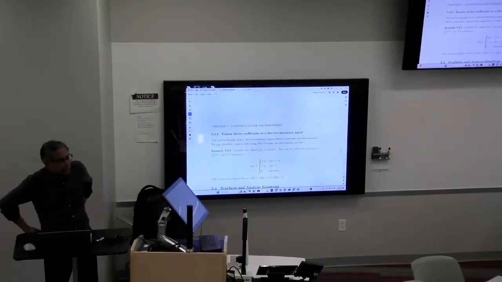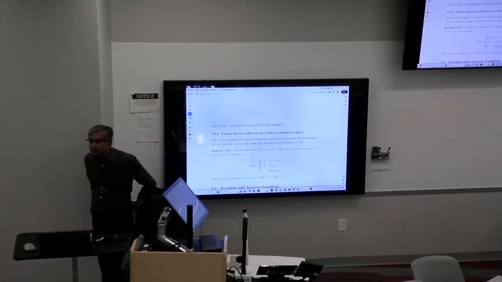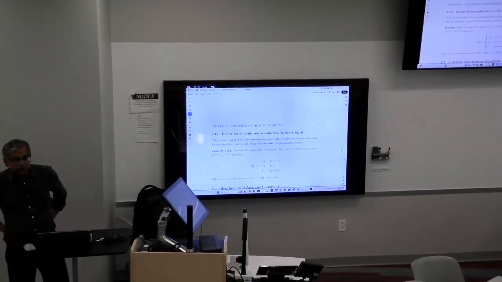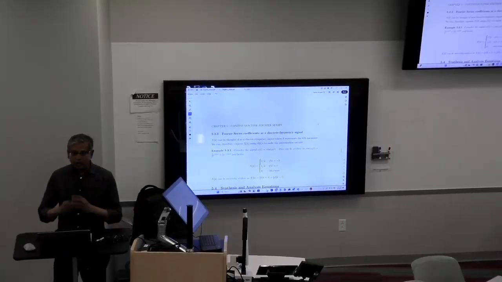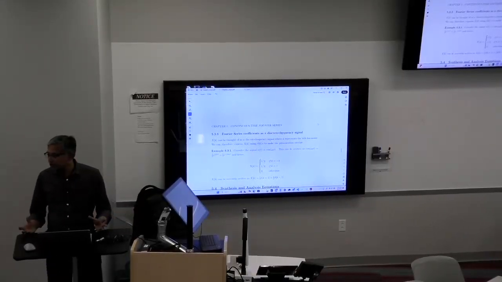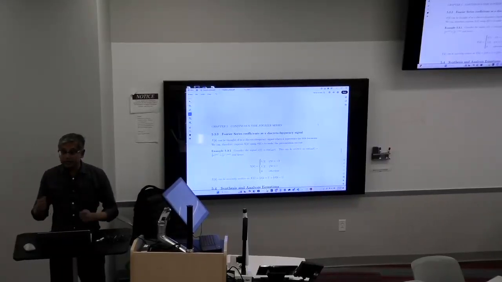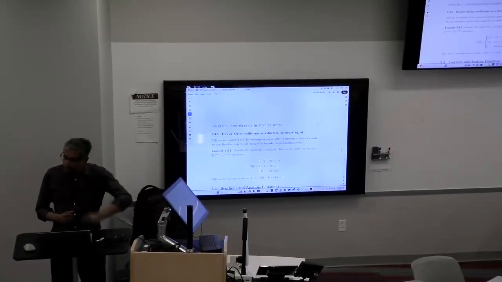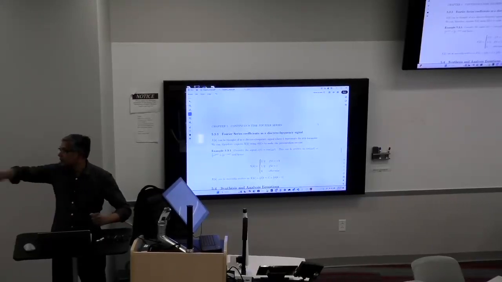Let's look at the signal x of t is cosine omega naught t. So clearly I can write cosine omega naught t as 1/2 e to the j omega naught t plus 1/2 e to the negative j omega naught t. Now I already have my x of t written in terms of complex exponentials, right? If I'm looking for a Fourier series representation, what this means is I want to be able to write my x of t as linear combinations of complex exponentials.